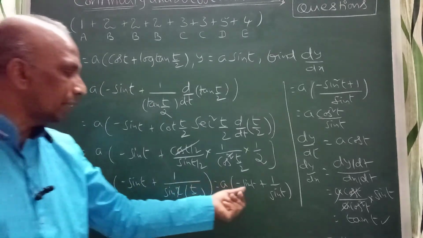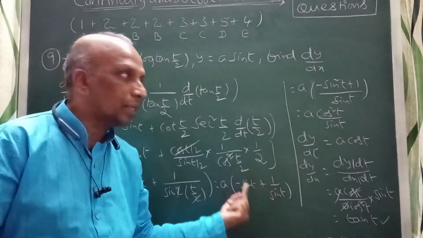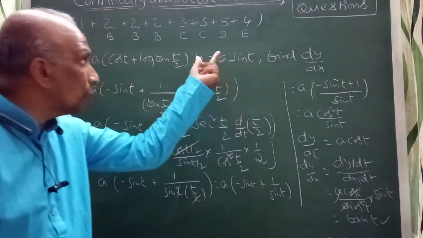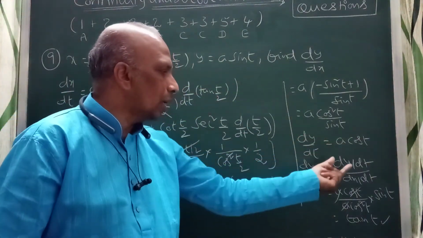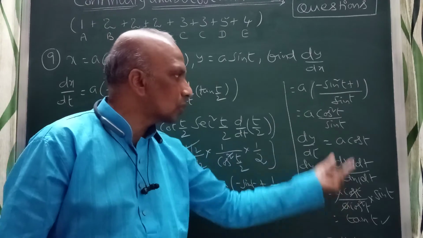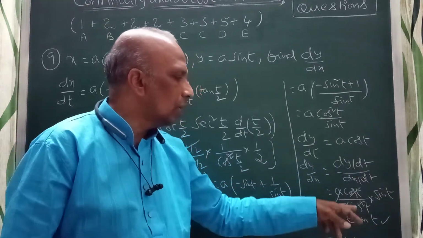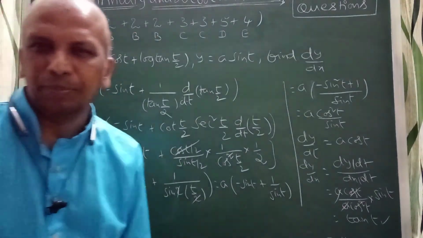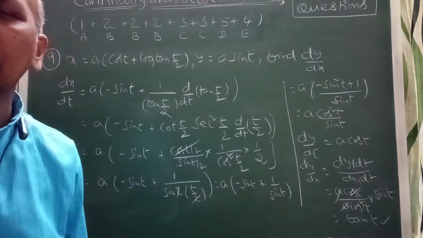A into minus sin t plus 1 by sin t. Take LCM. You will get a cos square t by sin t. dy by dt is a cos t. A cos t by a cos square t by sin t, it will go up and cancel here. Sin t by cos t. The answer is tan t.